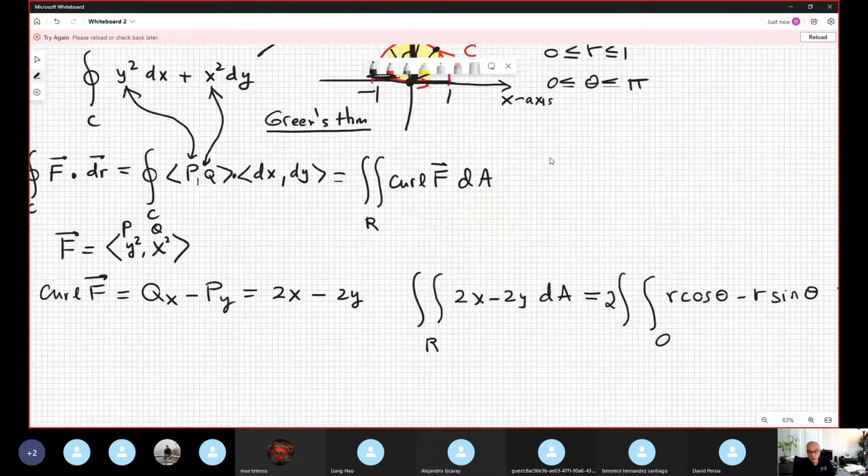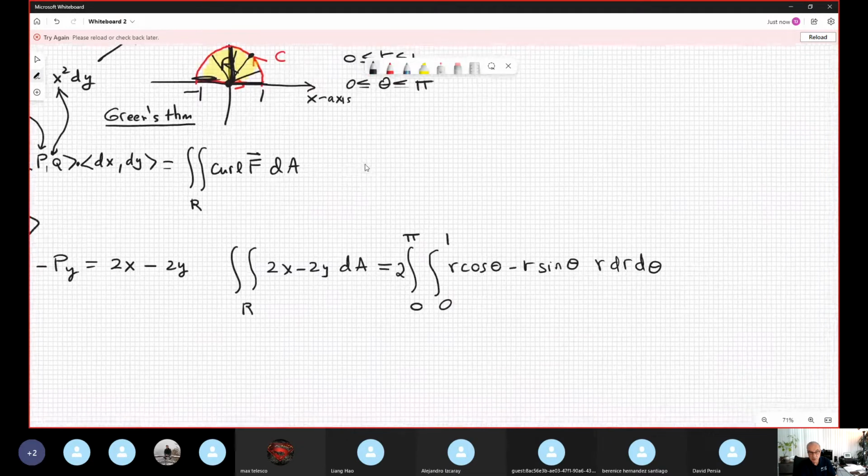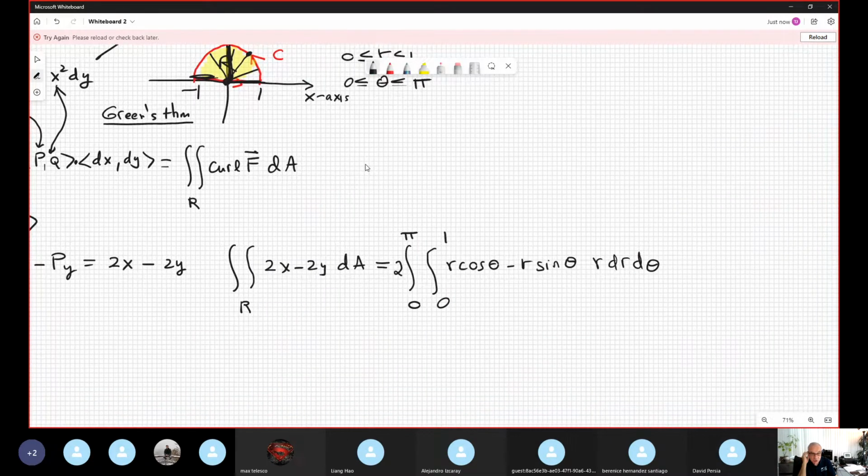Okay, this is from 0 to 1 in r and from 0 to pi in theta. Okay, let's do it. This is super easy because the limits are constants and the function is separable. For example, I am doing it this way.